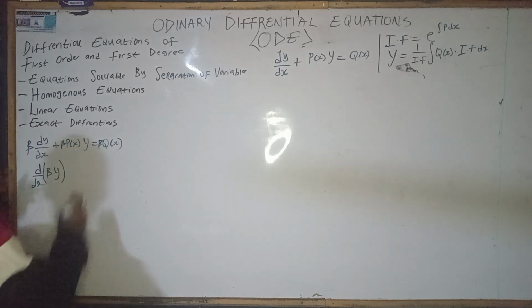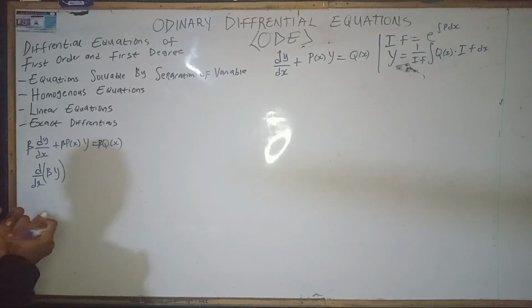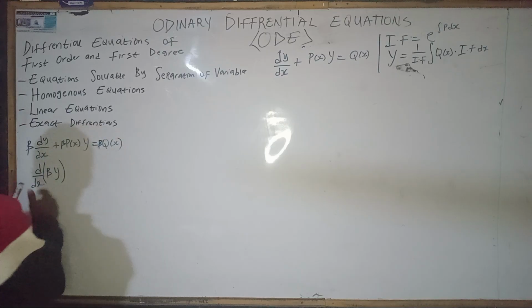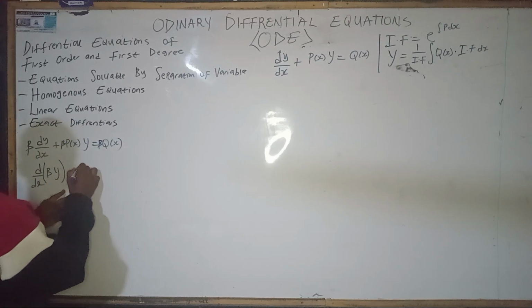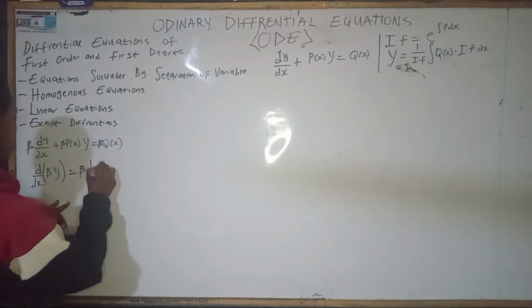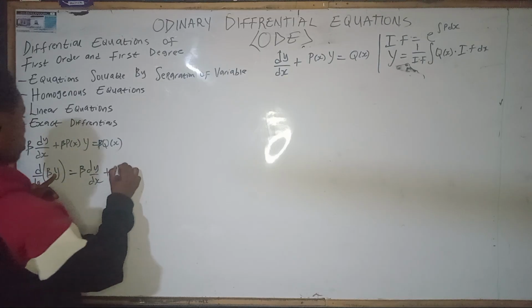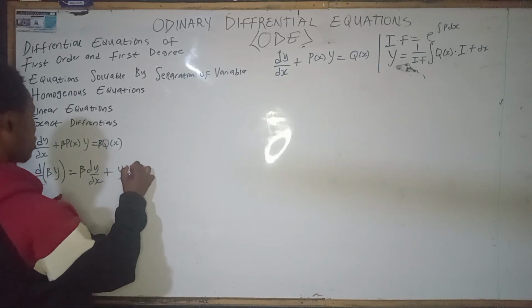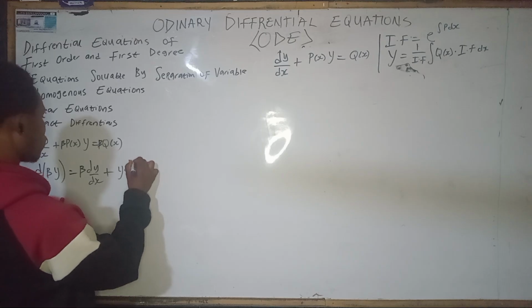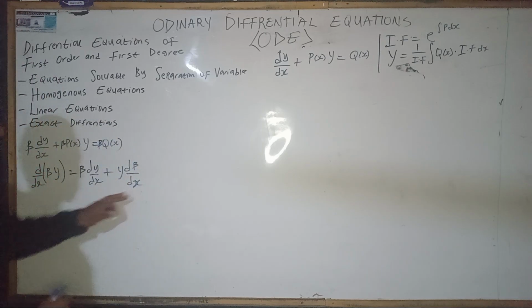This is what I want this entire place to become. And we know that if we are using the product rule, this is going to be equal to beta multiplied by dy/dx plus y multiplied by the differentiation of beta with respect to x.